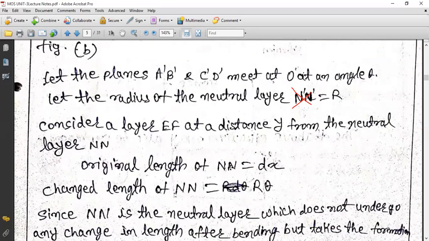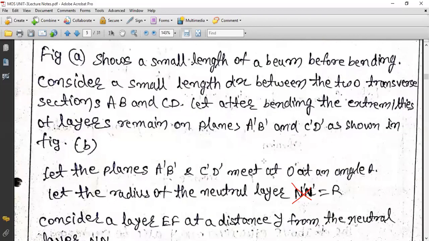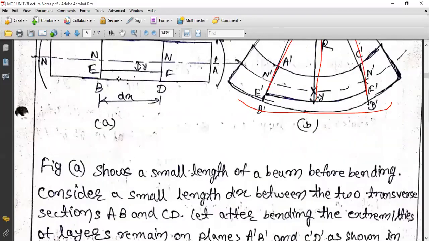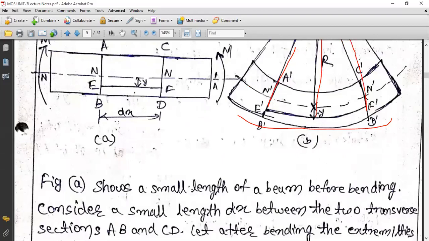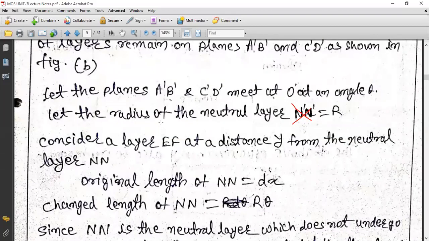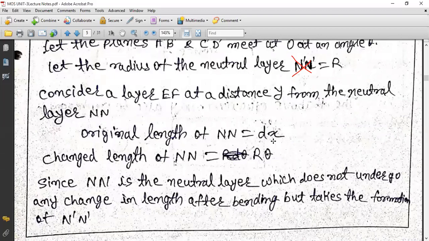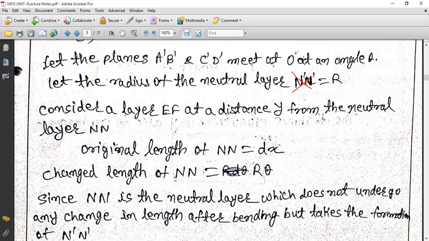What is the original length of NN? That is dx. So NN is equal to dx, and the changed length of NN is equal to r theta. Why are we taking the changed length of NN?